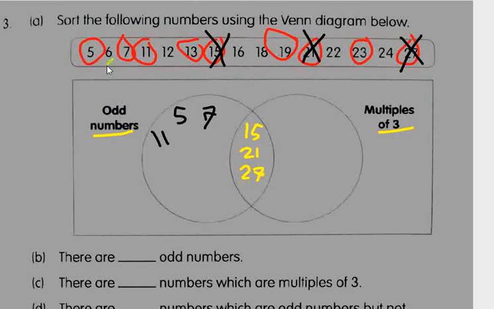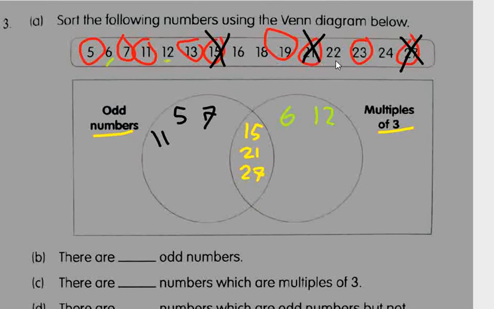Is 6 a multiple of 3? Yes, right? It can be divided by 3. So 6 here. And is 12 a multiple of 3? Can it be divided by 3? Yeah. And how about 16? No. It cannot be divided. 18? Yes. Just put it in the second circle. 22? Can it be divided by 3?